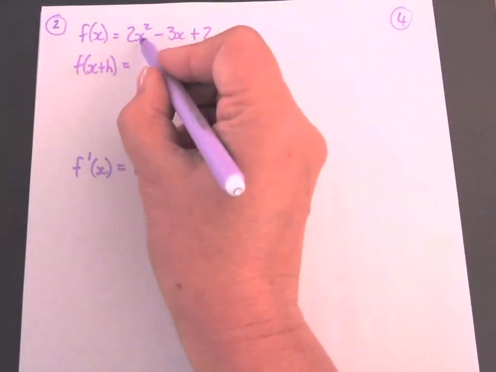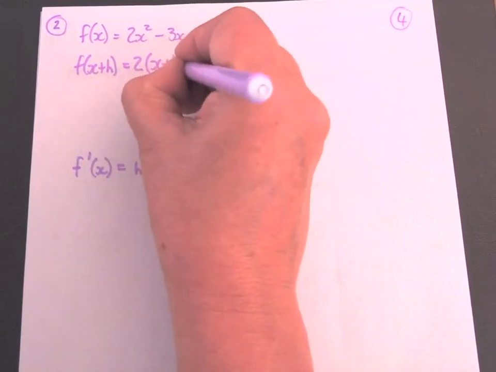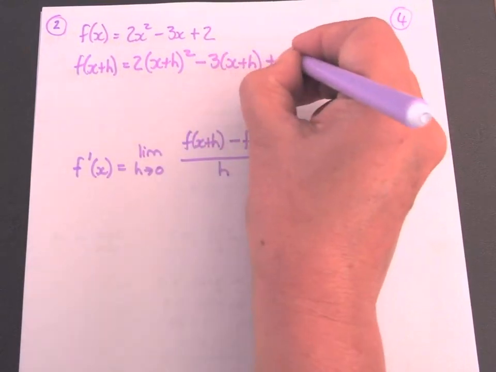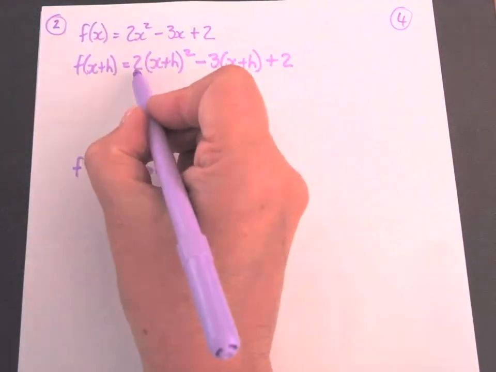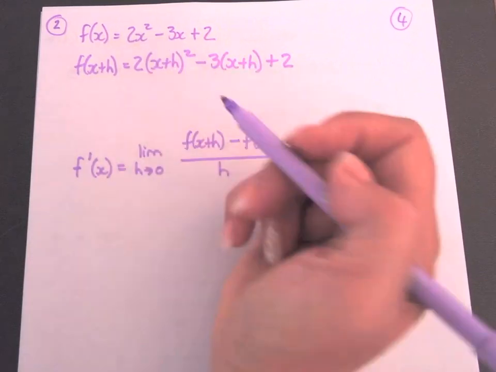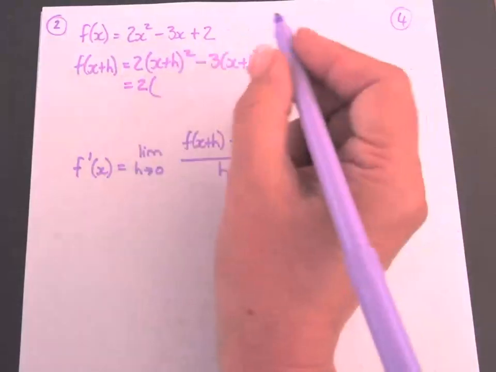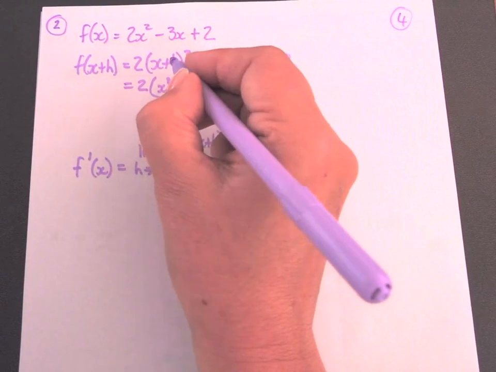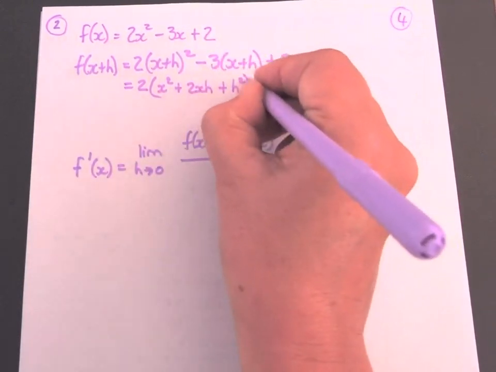In the place of every x, I write x plus h. So it's 2 times (x plus h) squared minus 3 times (x plus h) plus 2. Am I first going to multiply the 2 in, or am I first going to work out the brackets? Brackets. So the 2 stays there. Short way, x squared plus multiply these, 2 times 2, 2xh plus h squared.